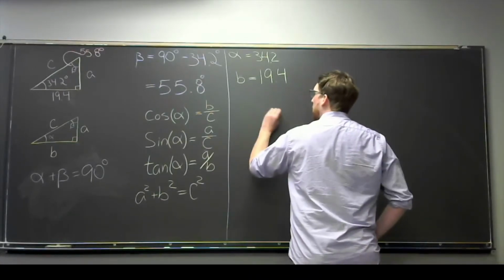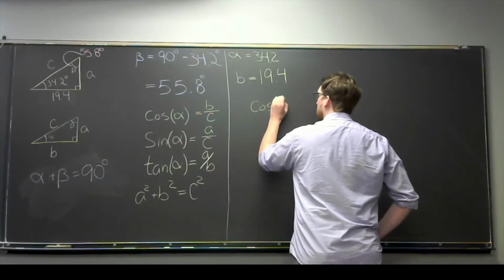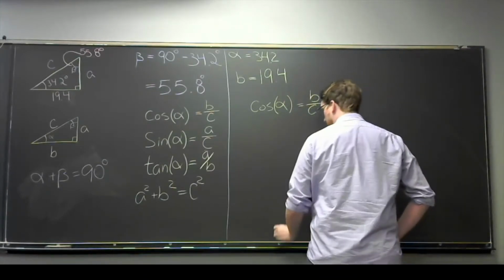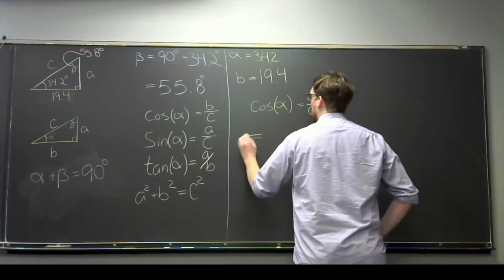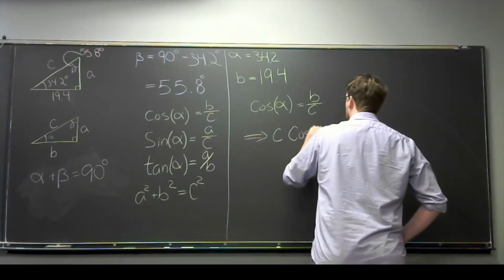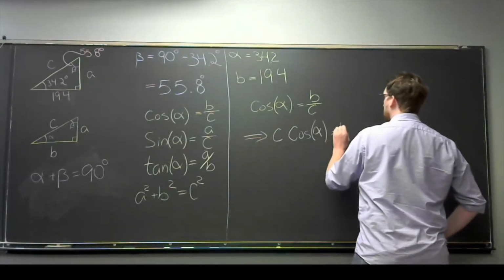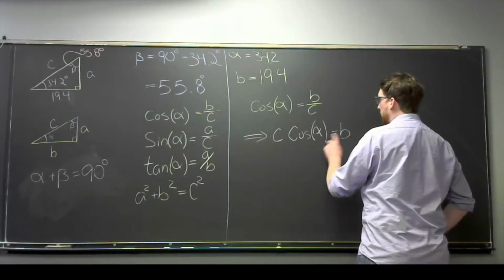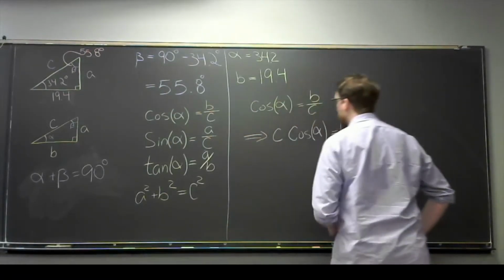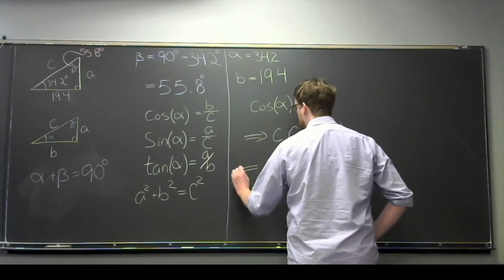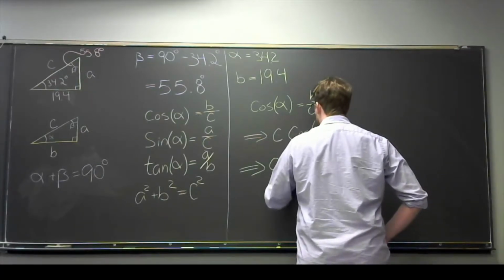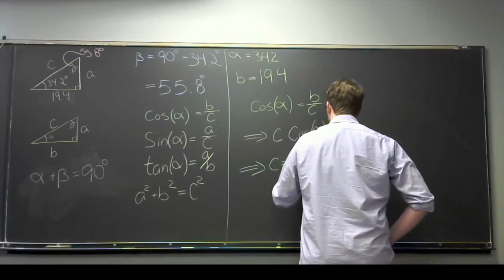We know cosine of alpha is equal to B over C, which tells us that C times cosine of alpha is equal to B. Well, I know cosine of alpha and I know B. I'm trying to solve for C. So if I divide both sides by cosine of alpha, we have C is equal to B divided by cosine of alpha.